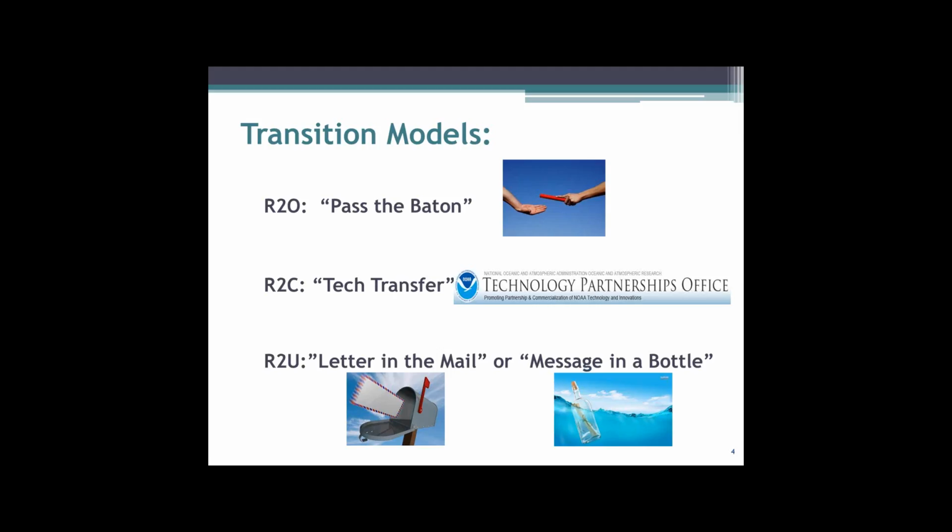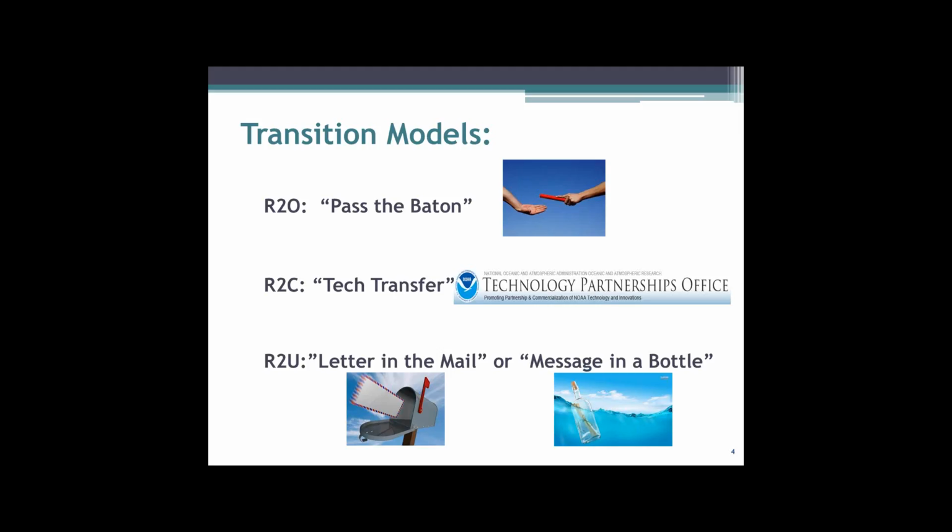This requires very close coordination and a transition plan that has specific milestones, deadlines, etc., and spells out all the details required for the transition to be successful. And if that plan is not followed and executed well, then the transition can run into problems.